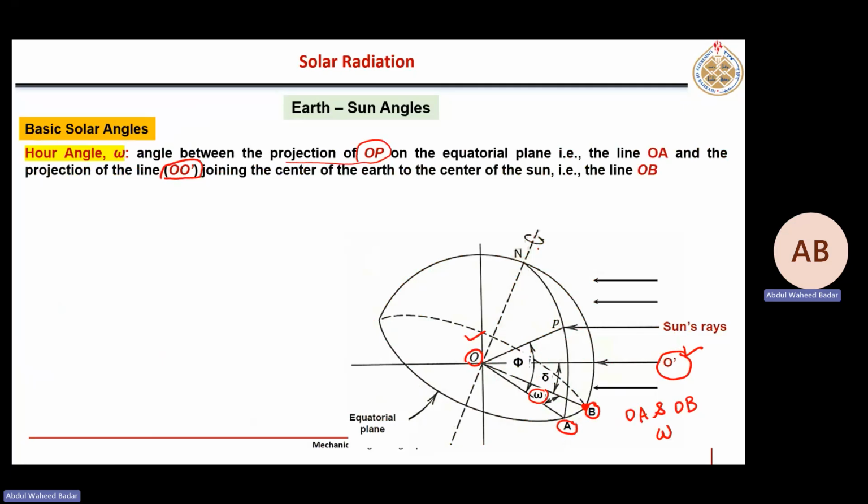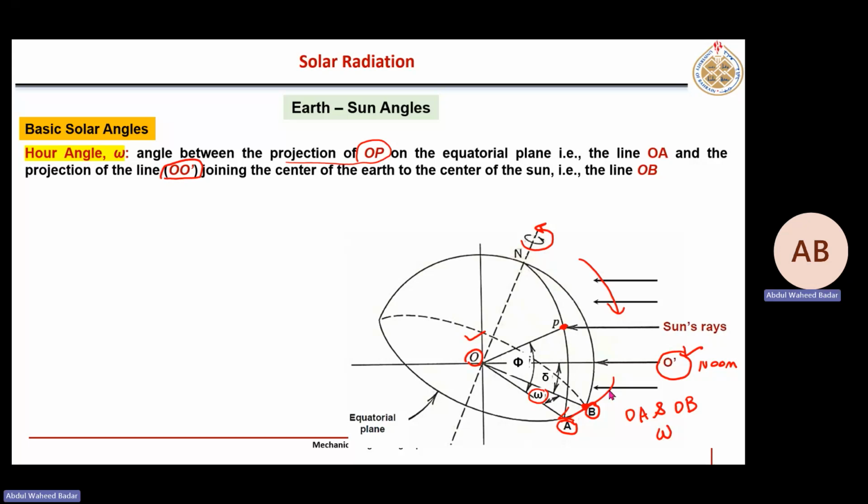And you see, as the Earth is rotating about its own axis, this hour angle will be changing. When this location is exactly in line with the sun at noon, you can expect this angle will be zero, because OB and OA will merge together at 12 noon. As you move away in the morning and in the evening, this angle will start to change, right?